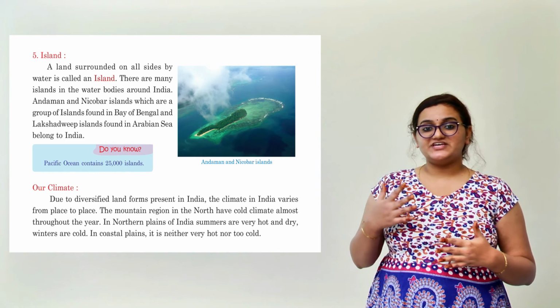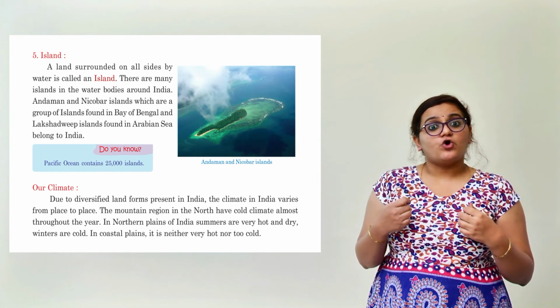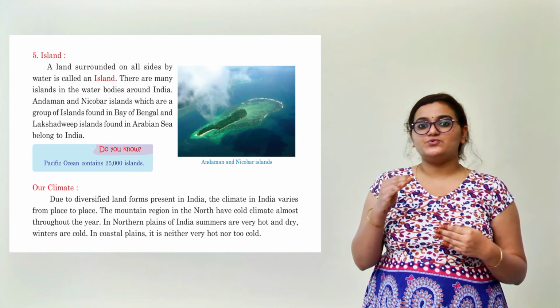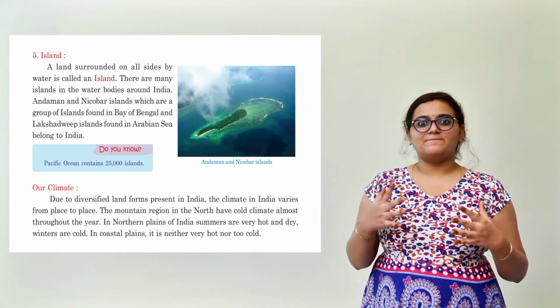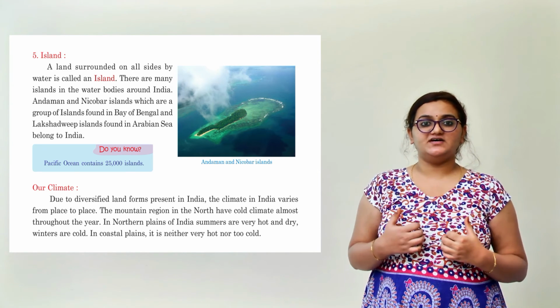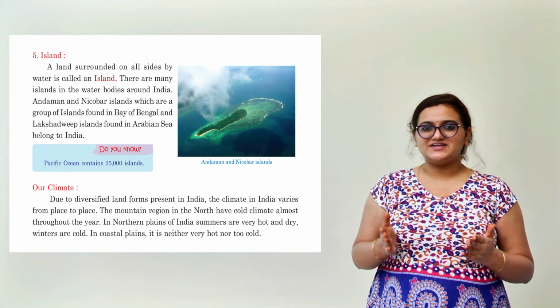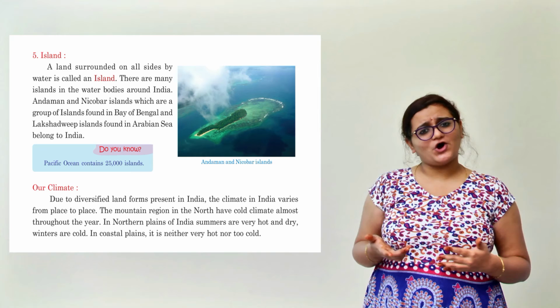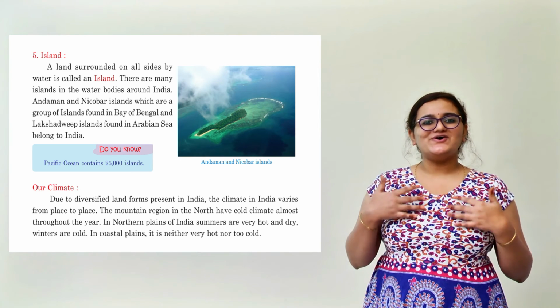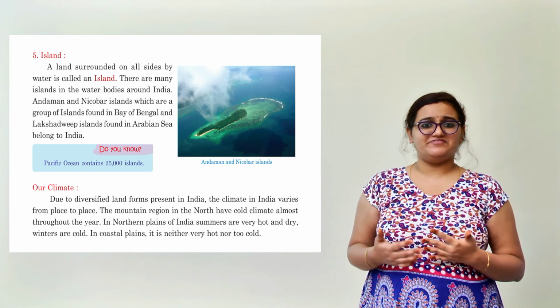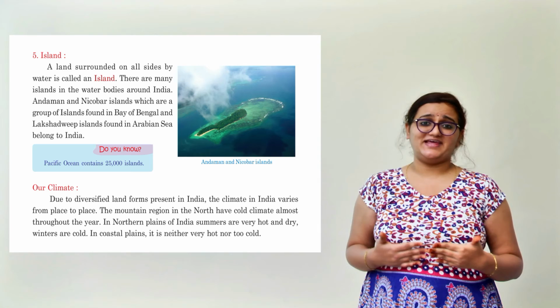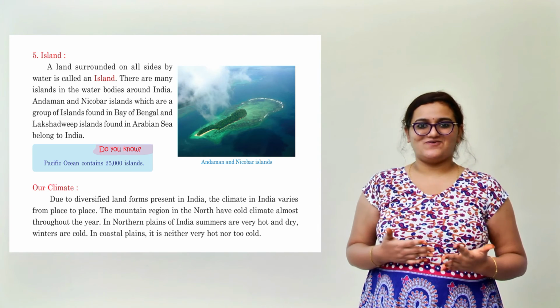So in the mountain regions, the climate is cold, and when you come slowly towards the northern plains, in summers they are hot and dry, but in winters they are cold. But how is the climate in the coastal region? It is neither hot nor cold. So our climate is so different as we travel from place to place because of these landforms.